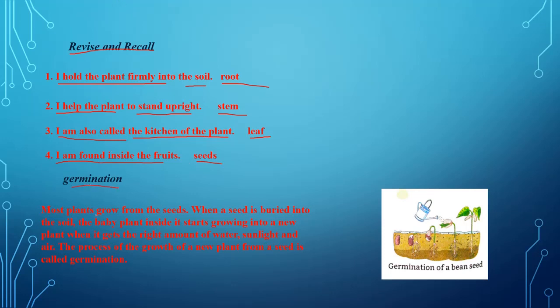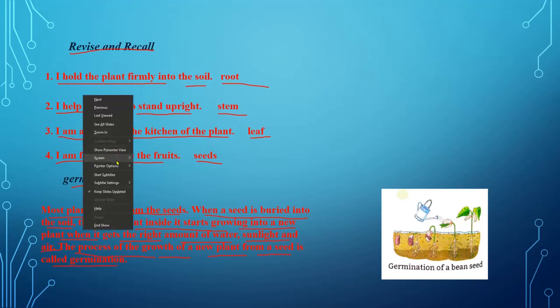So, germination. Most plants grow from seeds. When the seed is buried in the soil, the baby plant inside it starts growing into a new plant. When it gets the right amount of water, sunlight and air, the process of growth of a new plant from a seed is called germination.